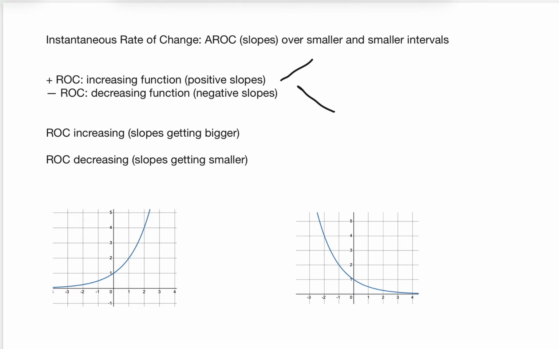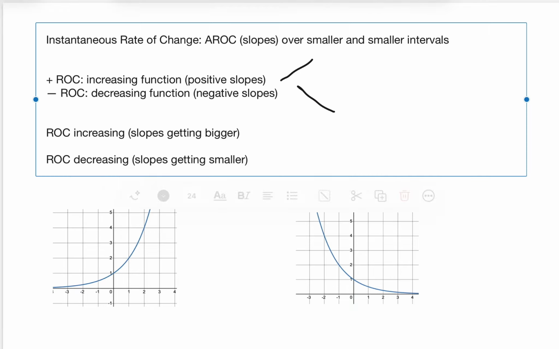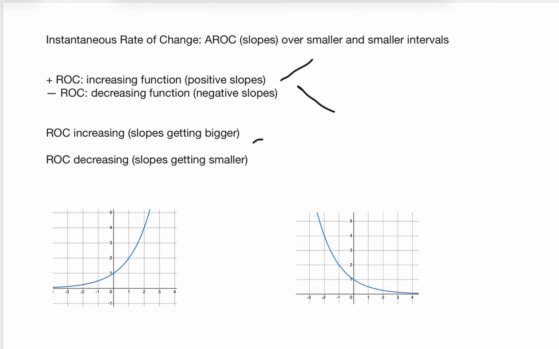So a rate of change increasing could look like this. Oops. That's a bad line. Let's try that again. Okay, could look like that. It could also look like this, and this is the one that confuses people because it looks like the graph is going down, but what you have to think about is right here we maybe have a slope of negative 4, and right here we have a slope of negative 1/3.